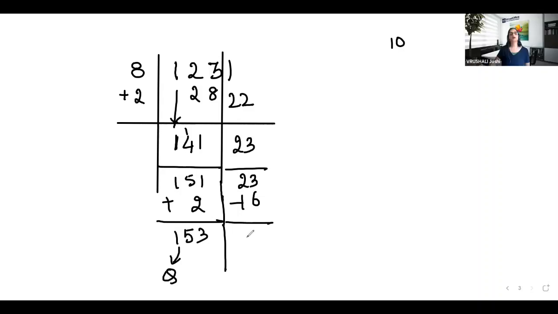Why? 8 twos are 16, no? 8 stable. We are doing 8 stable, not 9.